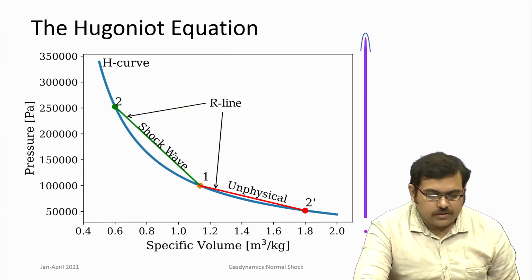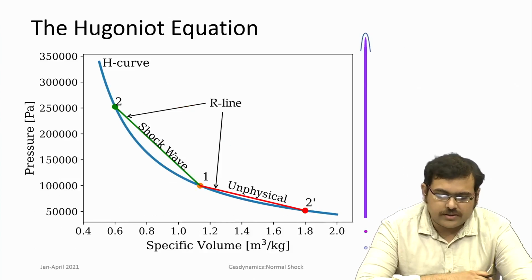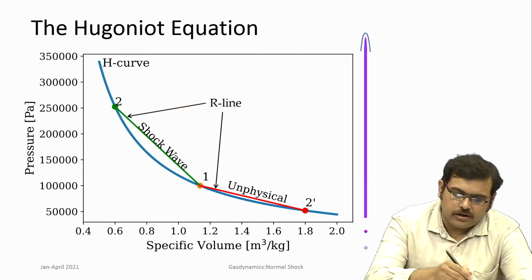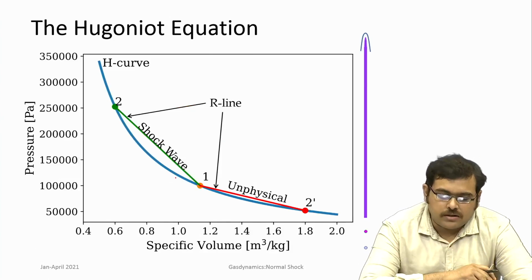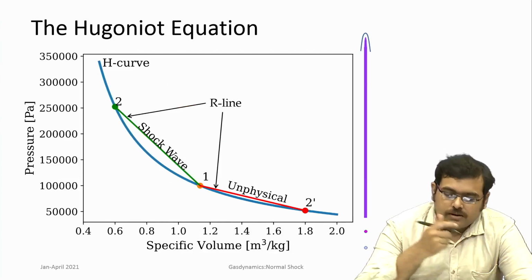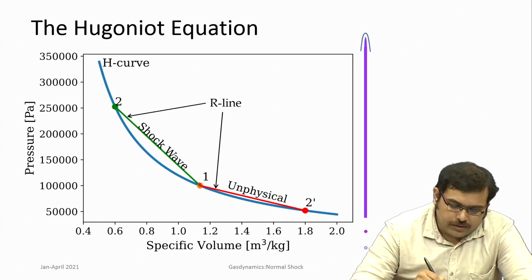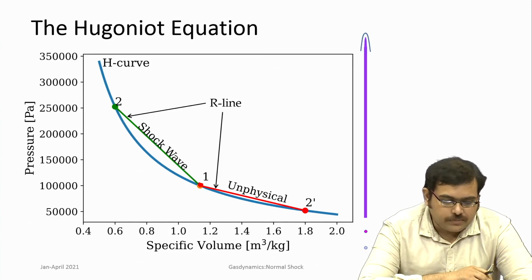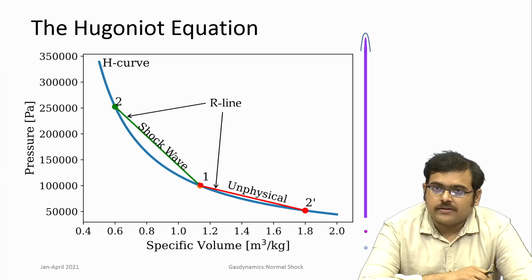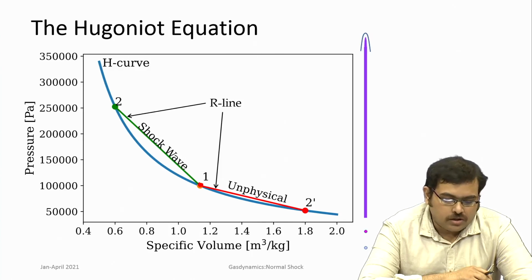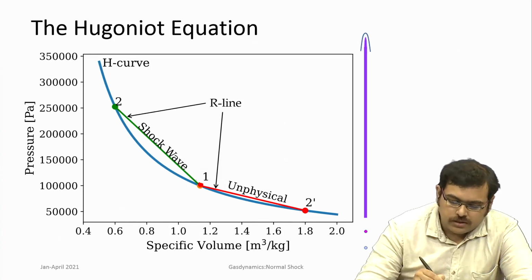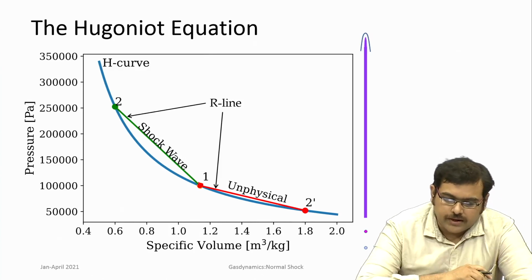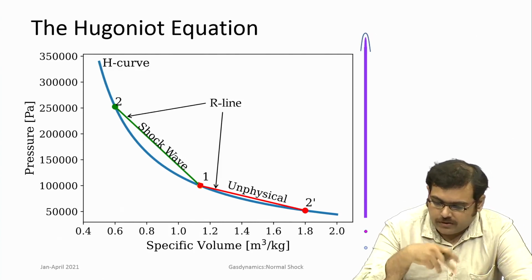So let us look at the plot. This is a Hugoniot curve, it plots all possible shock states starting from 1, where 1 represents the upstream conditions. So once you know the upstream pressure and temperature, and consequently the specific volume, this point can be located and the Hugoniot curve can be drawn.